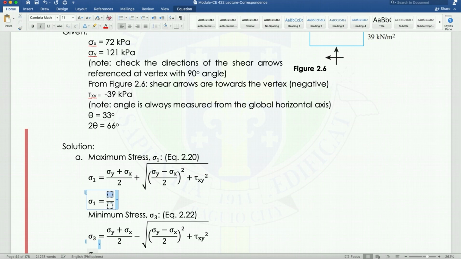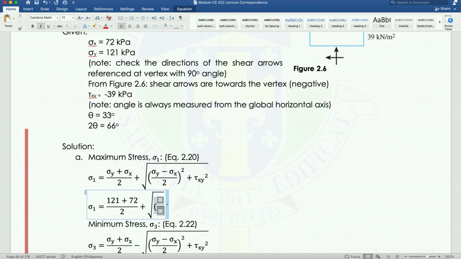So we have here sigma y, which is 121, plus sigma x, which is 72, divided by 2, plus the square root of the quantity 121 minus 72 divided by 2, raised to the second power, plus tau xy, which is negative 39, raised to the second power.